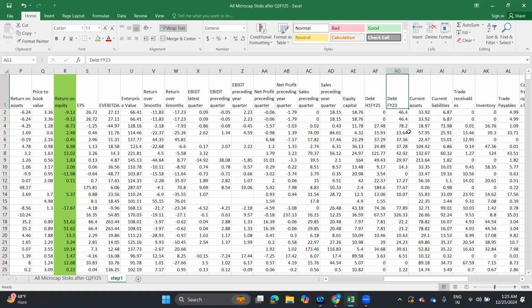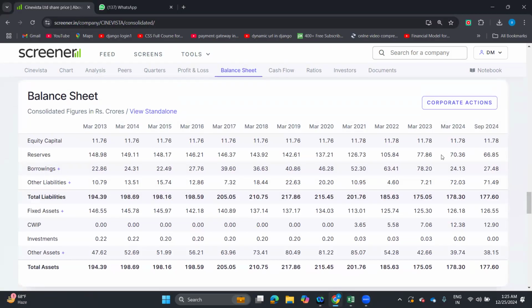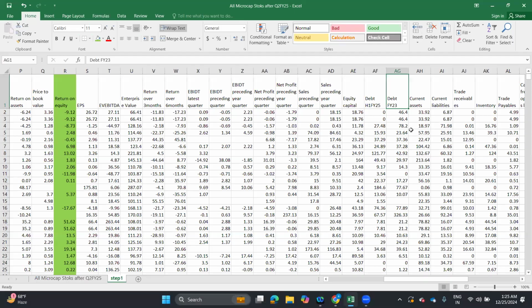Let me reconfirm 78 crore. Acha, 78 crore means this is FY23 data. Okay, FY23 data, no problem. So that's good. Over 1.5 years, if there is any meaningful change in the debt level, even in 1.5 years, then that is something we must look at.